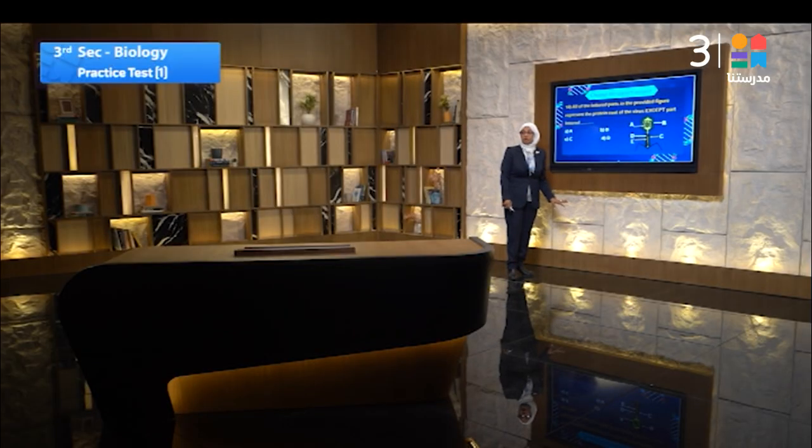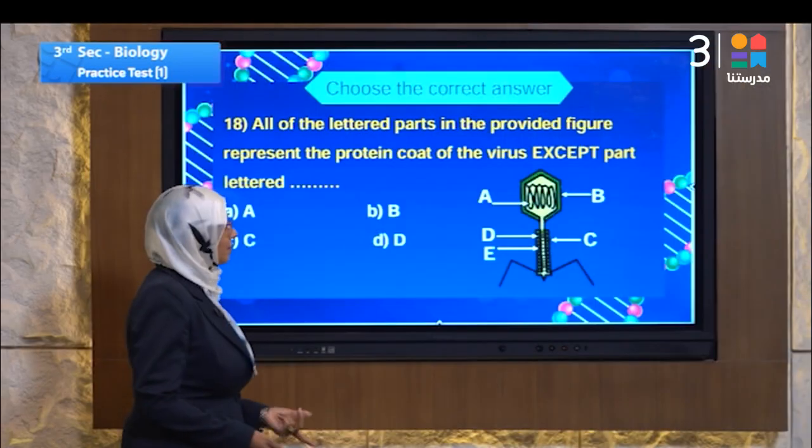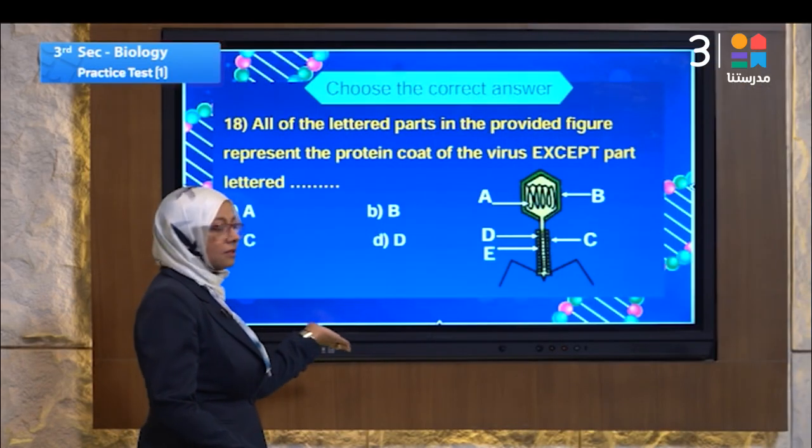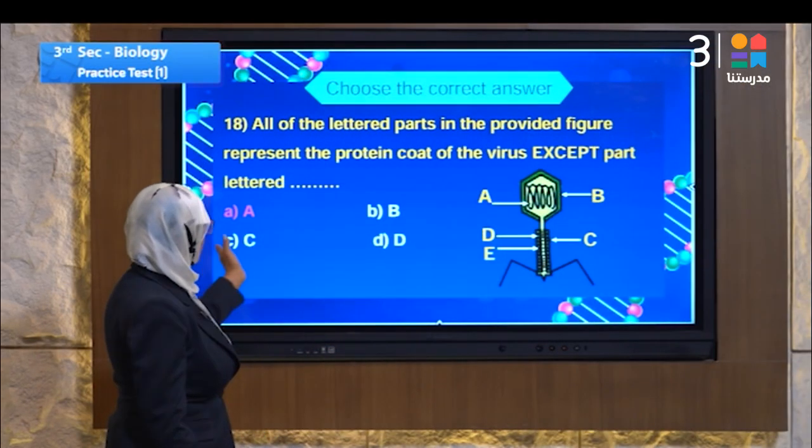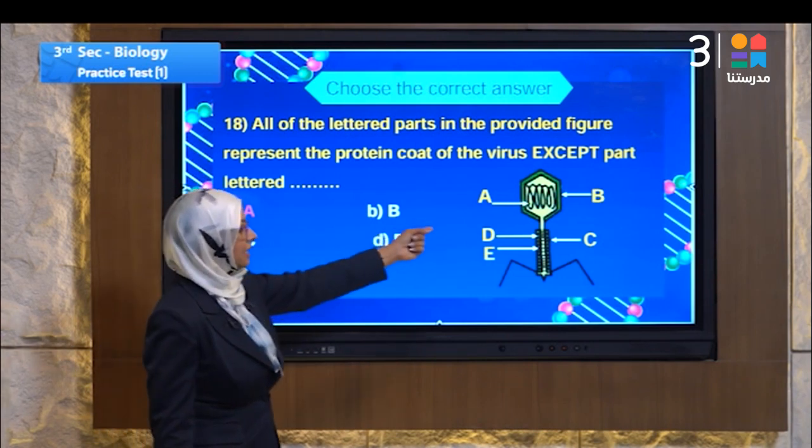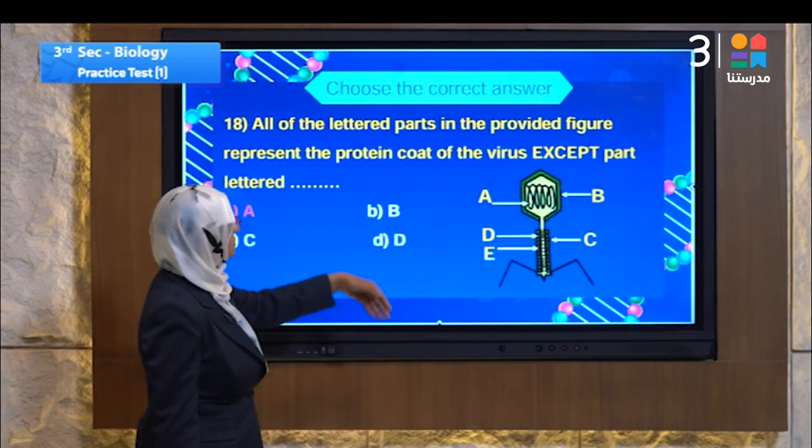Yes, there are protein substances except one. One of them is not a protein, it must be DNA. Which of them is the DNA structure? Must be A. The answer must be A, as a DNA structure inside these phagocytes.